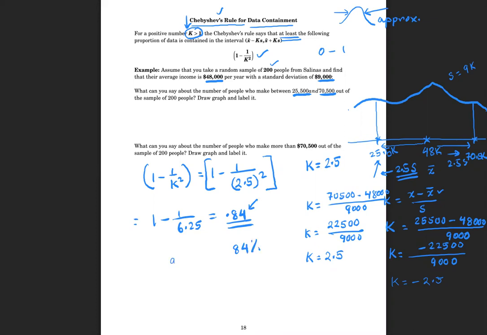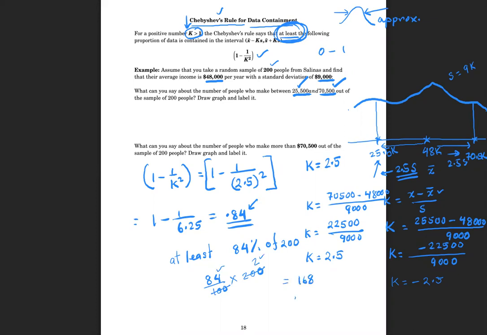So remember this keyword: at least 84% of the 200 people make between 25,500 and 70,500. 84% means 84 out of 100, times 200. 100 goes into 200 two times, and 2 times 84 is 168.